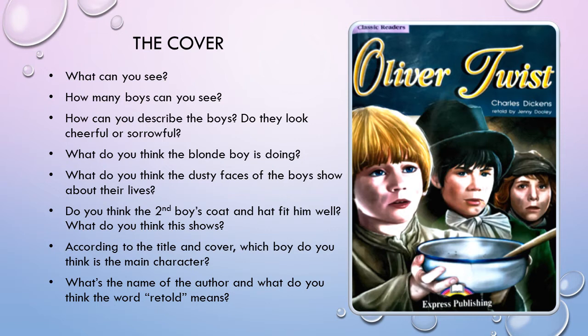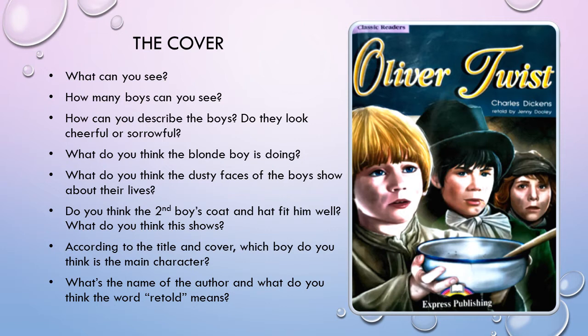The first question says, what can you see? And as you answered, I'm sure you answered correctly, there are 3 boys on the cover, and they look dusty and dirty. They look thin and pale. They are wearing dirty old rags.